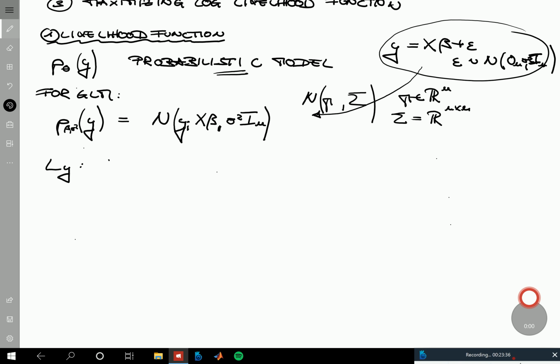It's a function from parameter space to the non-negative real numbers, and it allocates to each value in parameter space one value, and this value is defined as the probability of the data given a specific parameter setting.